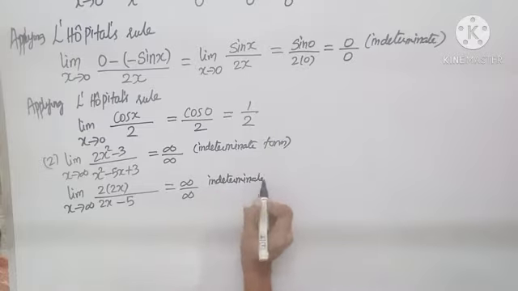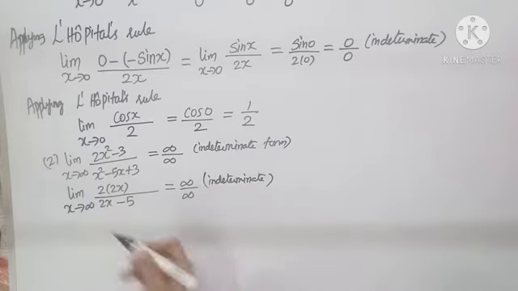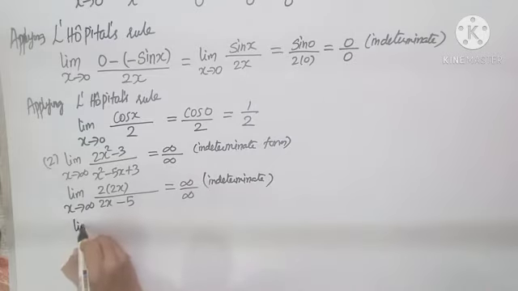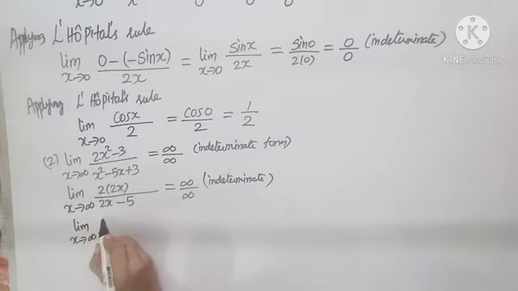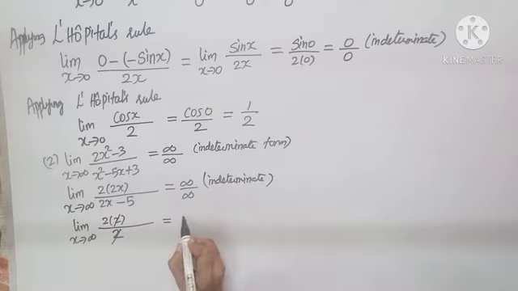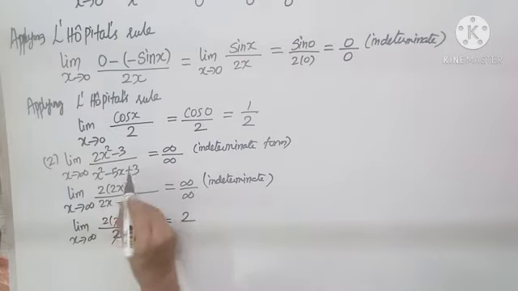That I call indeterminate. Once again, apply L'Hopital's rule. I get 2 into 2, x becomes 1, forget it. Denominator, 2x will become 2 and 5 will become 0. We can cancel, so the answer is 2, which is a proper limit, and so for the given question, 2 is the answer.